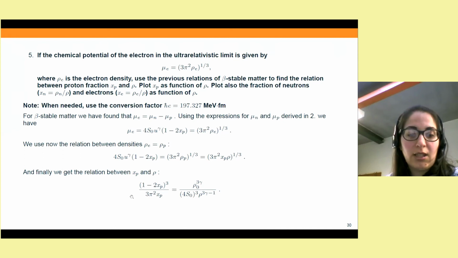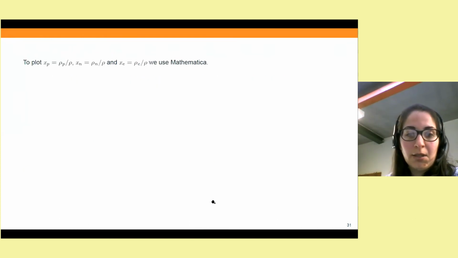We rewrite it a bit, okay? So it's kind of an equation for the proton fraction in terms of the density. It's a third order equation that we can solve analytically. But I have just used Mathematica to solve it and plot these expressions here, okay?